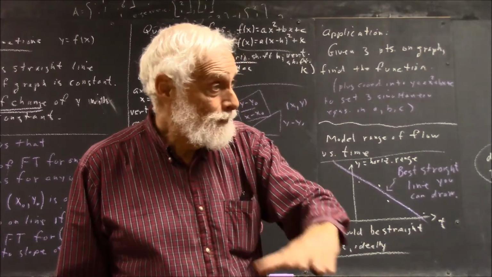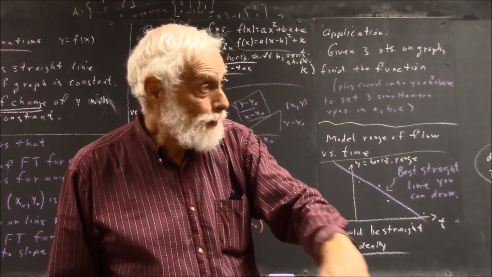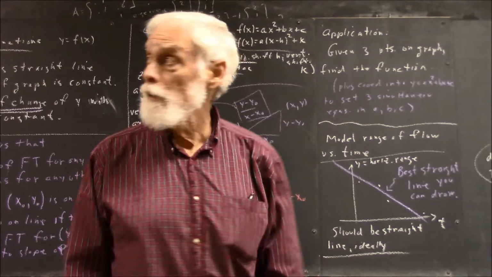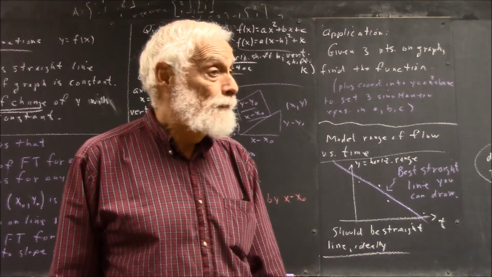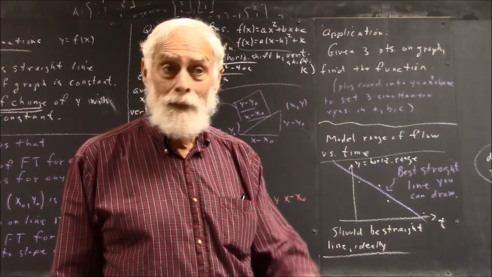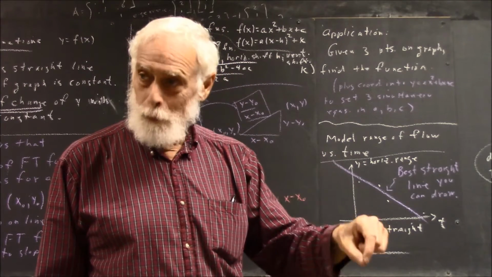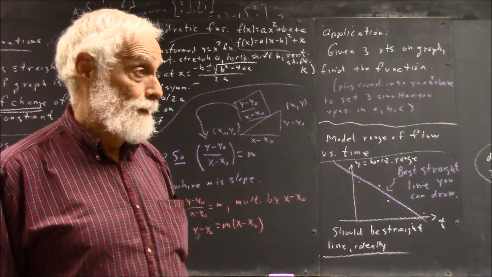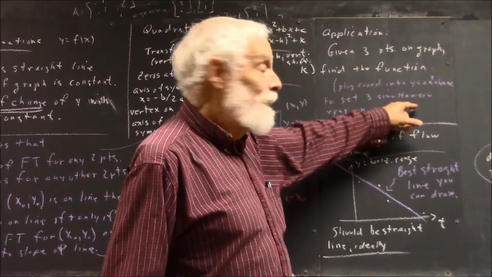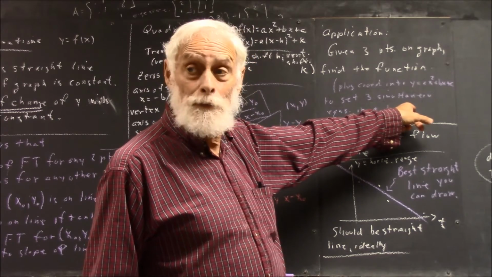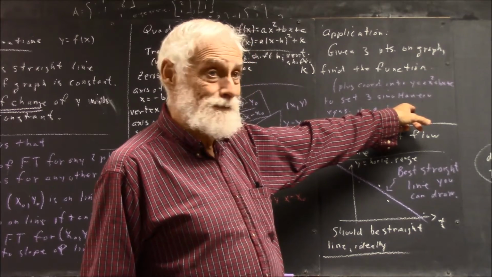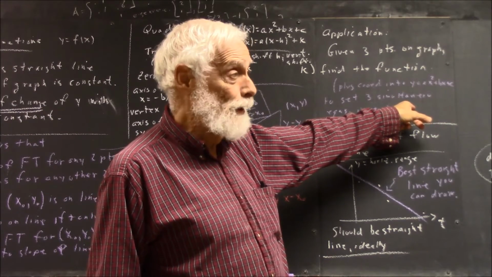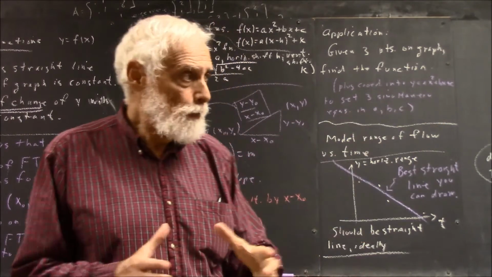Because at the vertex, that's when the flow stops, isn't it? Now, we'll be a little more specific about exactly why that's true. But one of the things I love about the flow model is this interplay between the two graphs. This thing ought to hit 0 at the same instant that your flow rate hits the vertex. Okay, it won't because nothing's ideal, but it'll be pretty close. Okay?